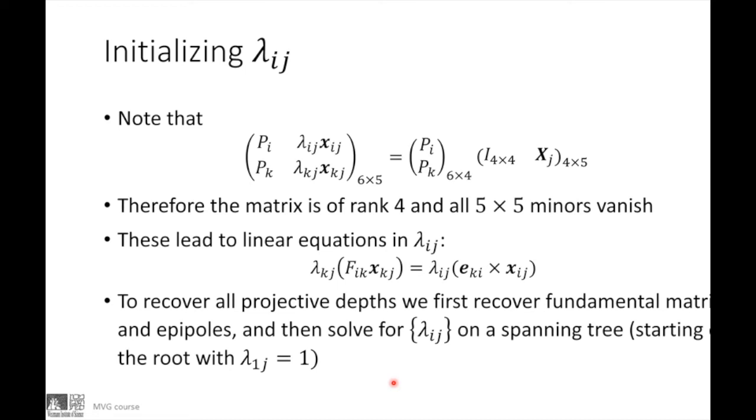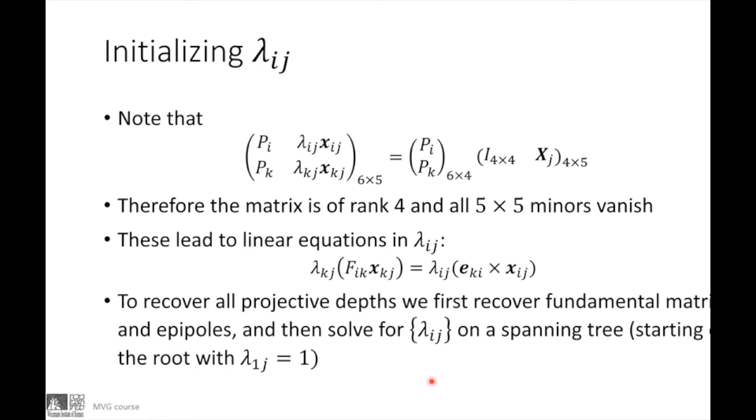So lambda ij will be recovered up to a global scale factor. And then we go from one image to another. We should do that with a spanning tree. So for example, let's take the fundamental matrices between image 1 and image 2, then from image 1 to image 3, then from image 1 to image 4. That will give us all the depth values up to a scale factor. You understand what I'm saying? Questions?